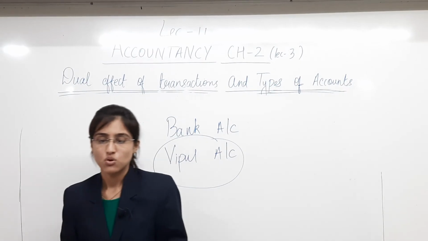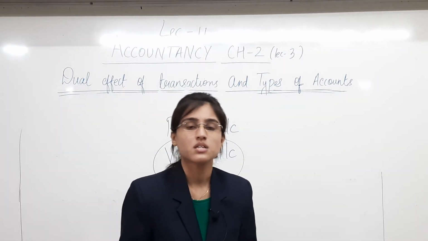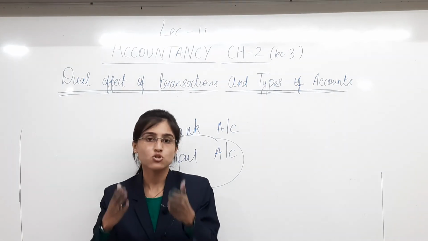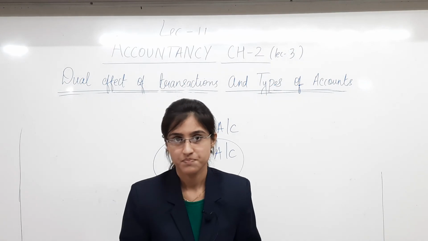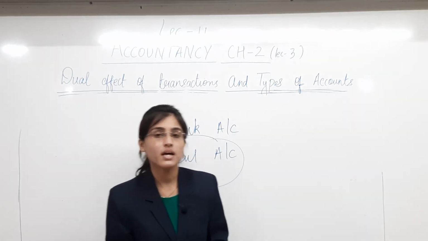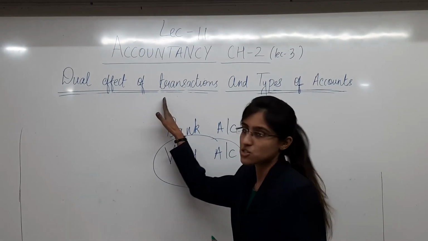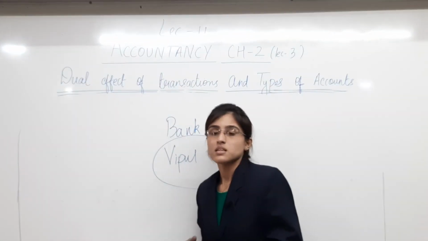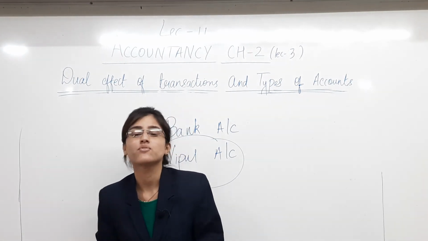So in the next session we are going to continue with the same chapter and with the topic of types of accounts. Here we end the topic of dual effect of transactions, and in the next session we are going to start with the types of accounts.